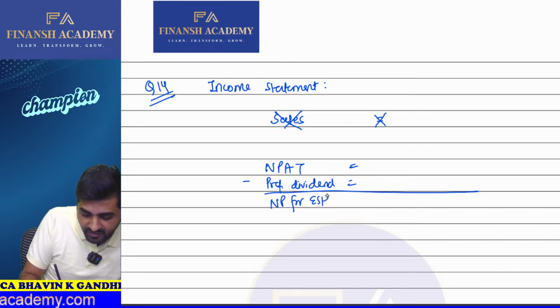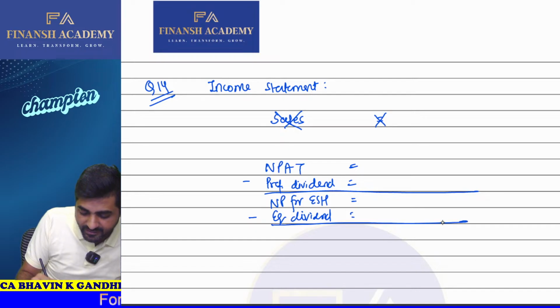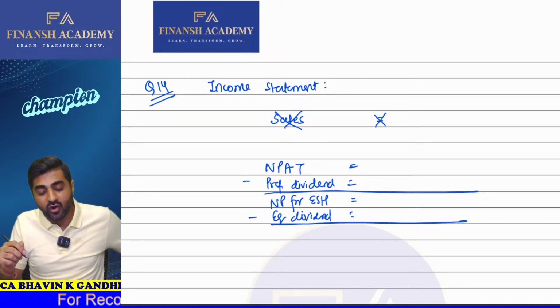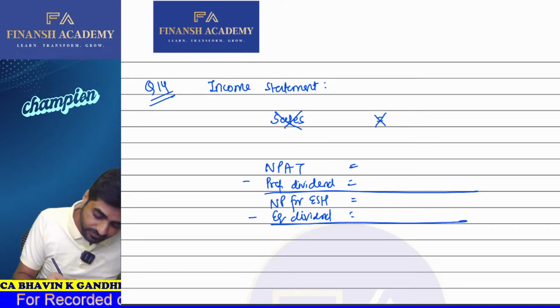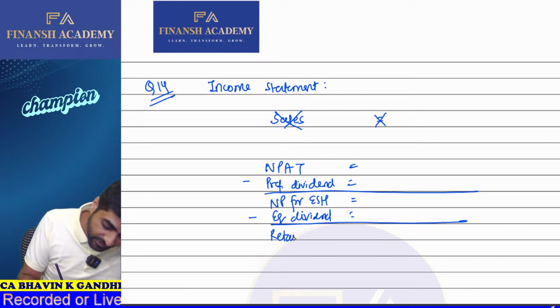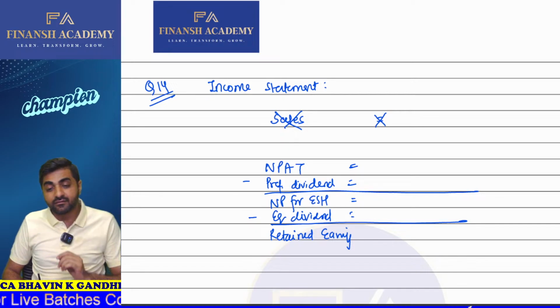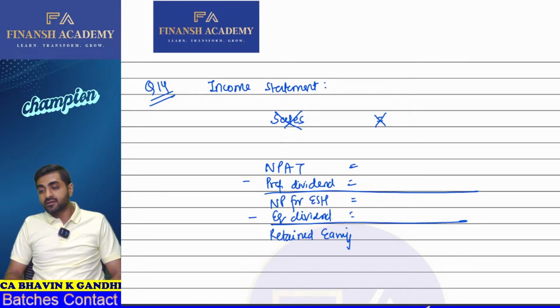From this, if I subtract my equity dividend, what will I get? Something which is called your retained earnings. Do you all agree with this?